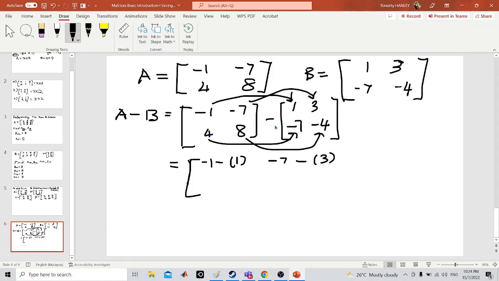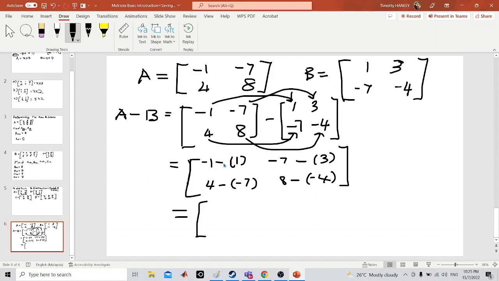And 4 minus bracket -7. And this one is 8 minus bracket -4. Close it. And you guys have to solve this.